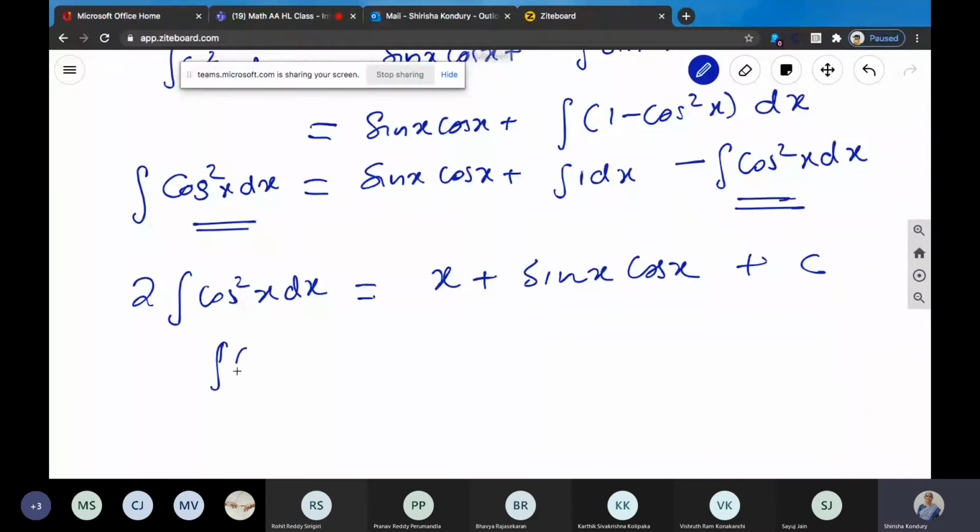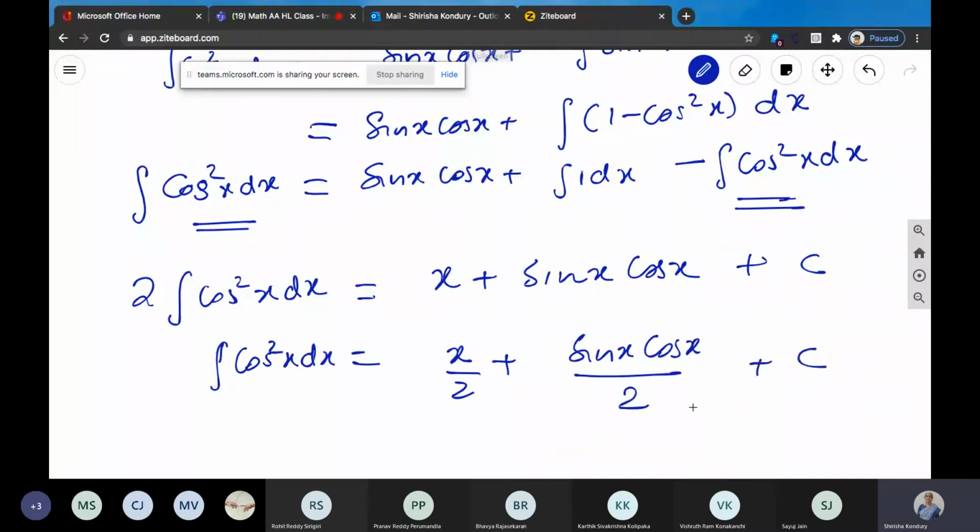Therefore, integral of cos square x dx is x by 2 plus sin x cos x upon 2 plus c. You don't need to divide c by 2 because c is that constant after everything else.